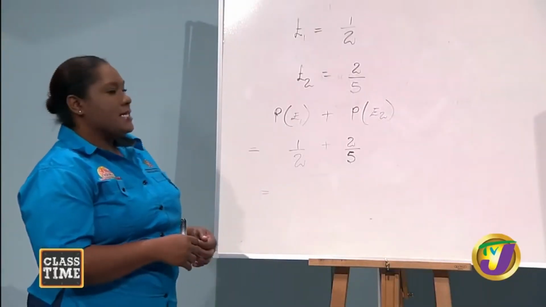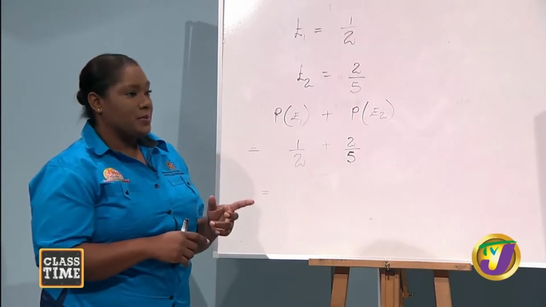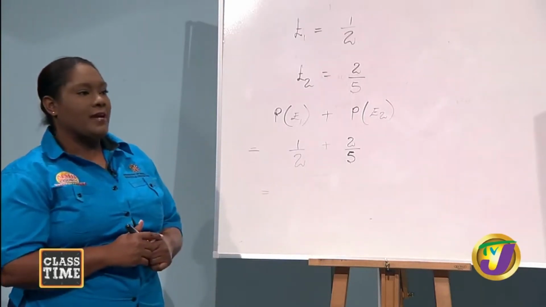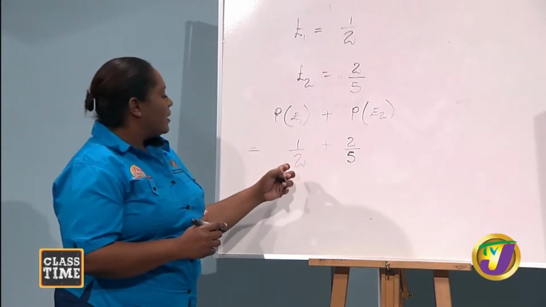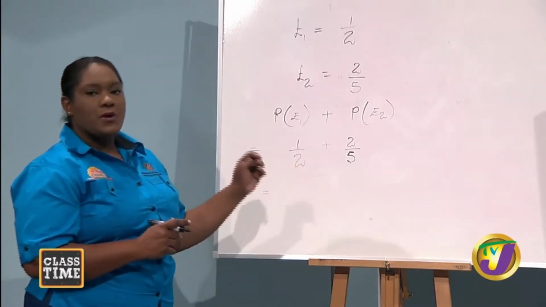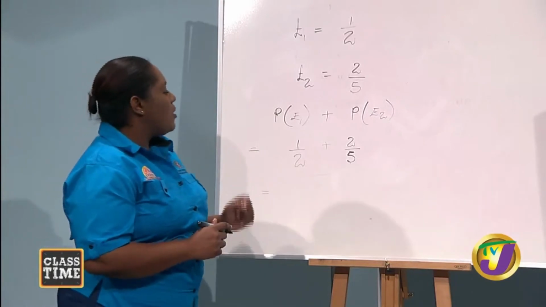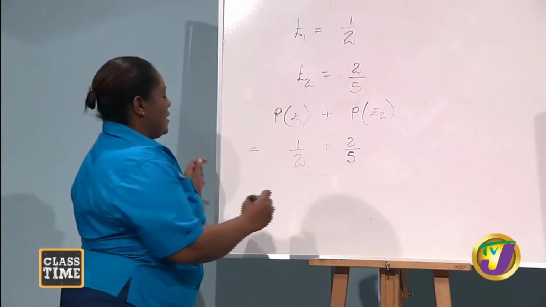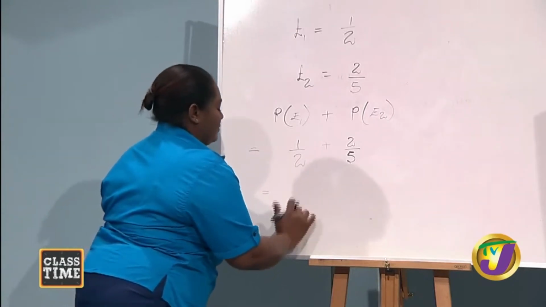And in this case, the lowest common multiple would be the lowest common denominator. We have the denominators being 2 and 5, so our lowest common denominator would be 10.